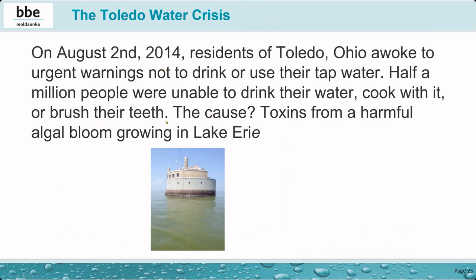Then in August 2014, they awoke to an urgent warning not to drink the water. There were toxins from an algae bloom growing in Lake Erie, and the bottled water was sold out.